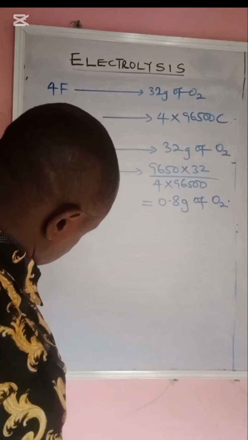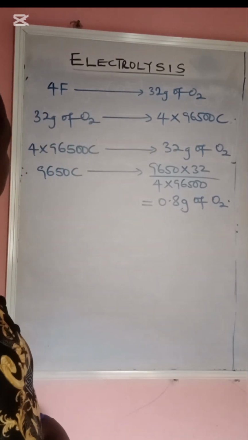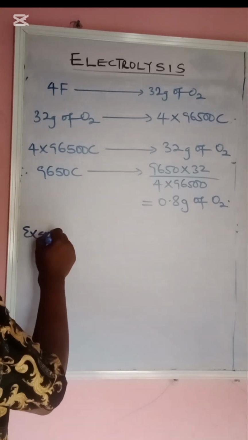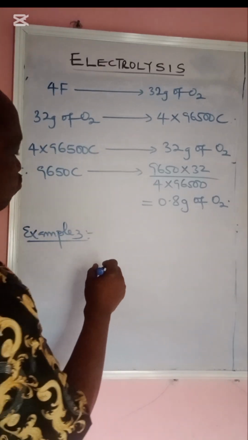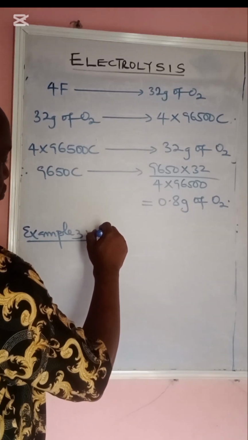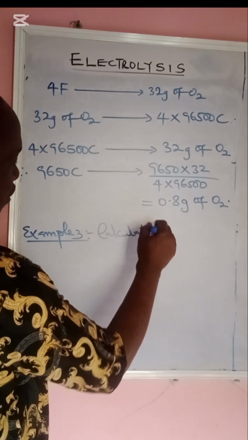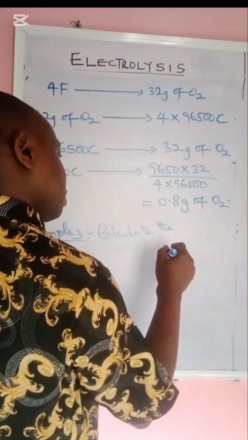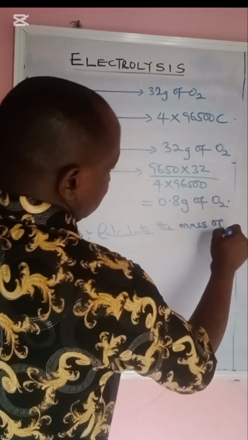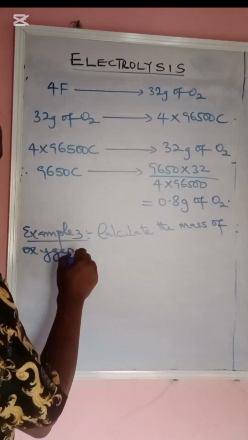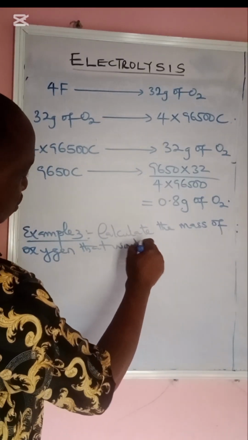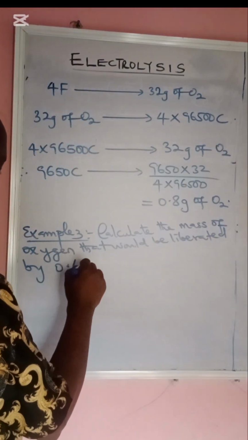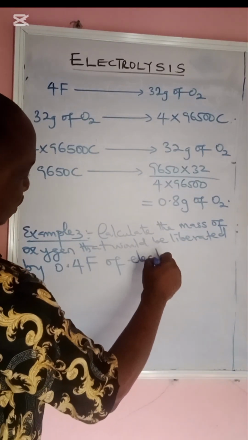That is example 2. So example 3. Calculate the mass of oxygen that would be liberated by 0.5 Faraday of electricity.